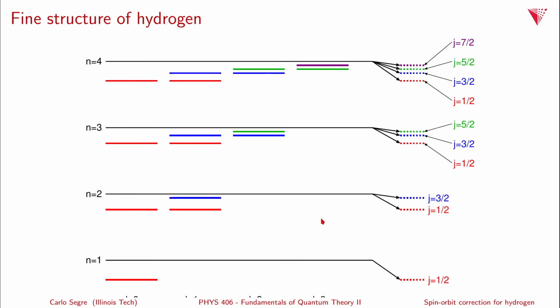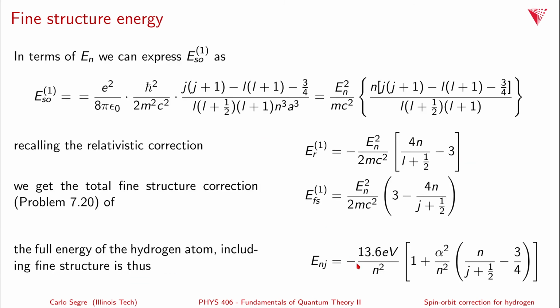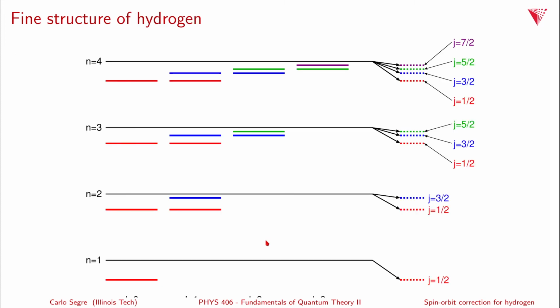If we look at what this does, the energy is negative and the correction is also negative. So the correction tends to lower the energy, and it lowers the energy if this quantity in here is positive, which it normally is. So let's take a look at what happens with the different states.